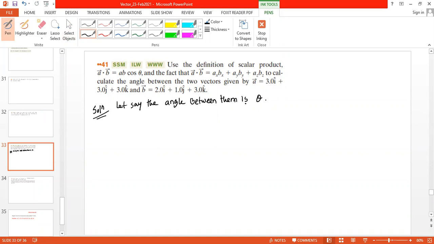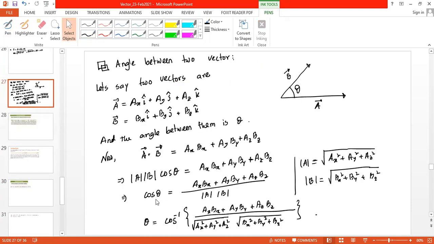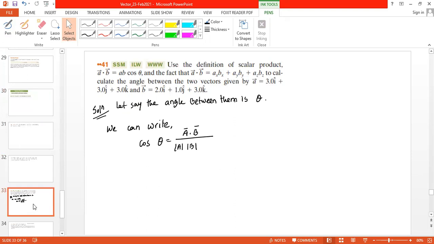So since the angle between them is theta, we can write cosine theta equal to A dot B divided by magnitude of A times magnitude of B, right? We can use this formula. You see here, from here, cos theta, AX BX, AY BY, AZ BZ means A dot B, okay? So, is it clear to you or you want me to write more?